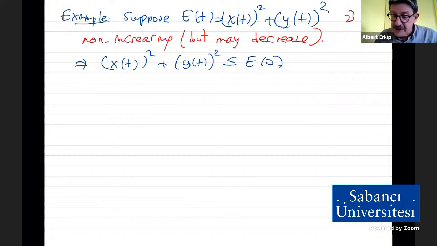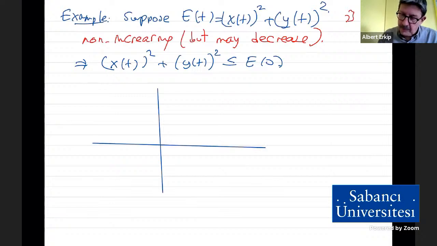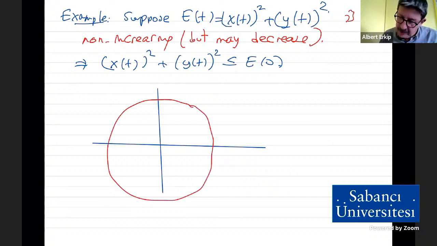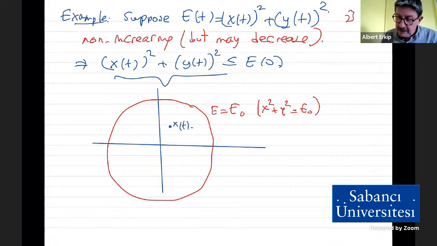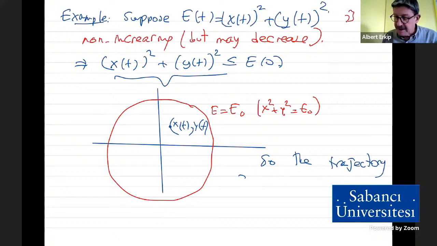So if you sketch the graph of this, you see initially we have a circle here. This is E equals E0. So that is x squared plus y squared equals E0. We have this graph. So this means that x of t, y of t has to be inside. So the trajectory stays inside the circle for all times.